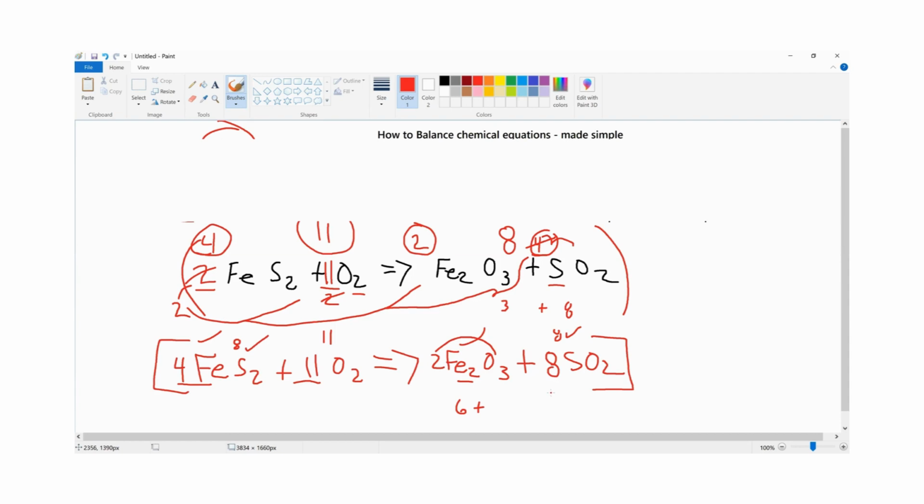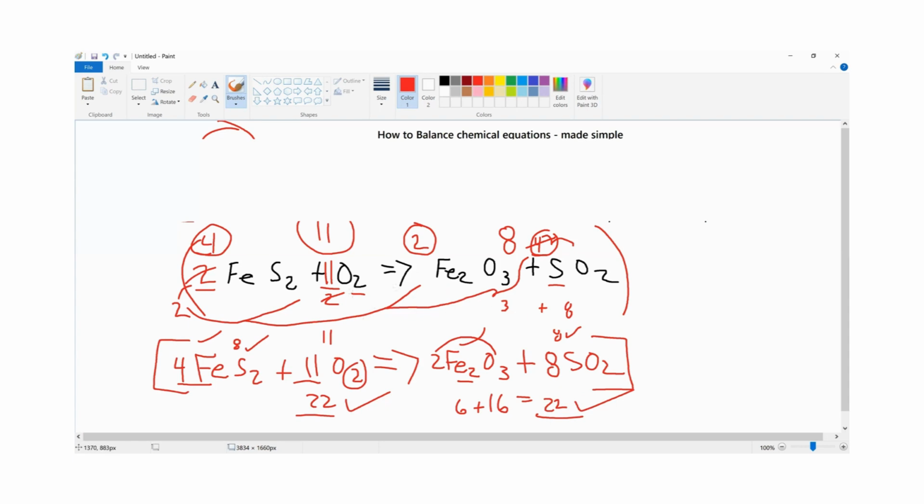That is oxygen. Oh, wait, yeah. This is 22, because we have a 2 here. 6, this is 16. That is 22. And that's correct.